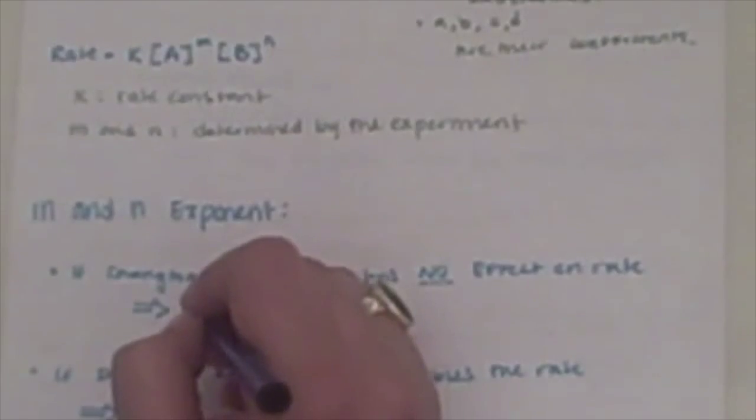These exponents, m and n, are dependent on each experiment. They are determined by the experiment. So m and n are exponents that are determined during the experiment, and if changing the concentration has no effect on the rate, then the exponents are 0.